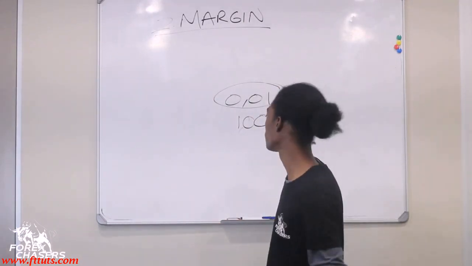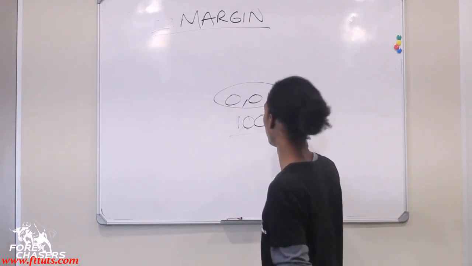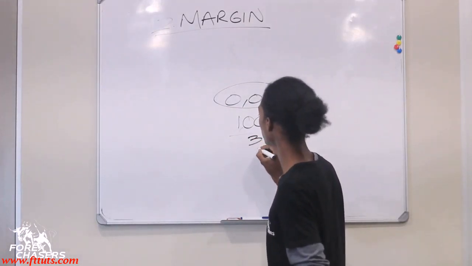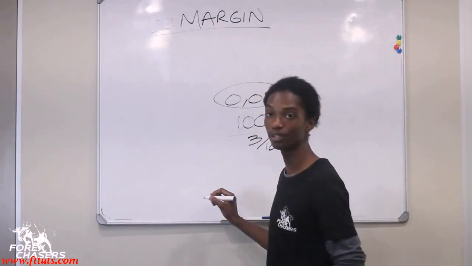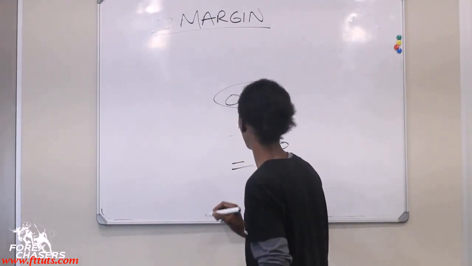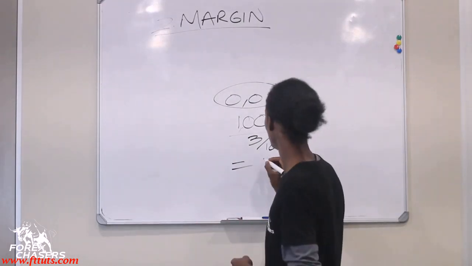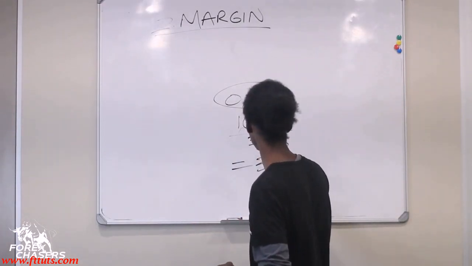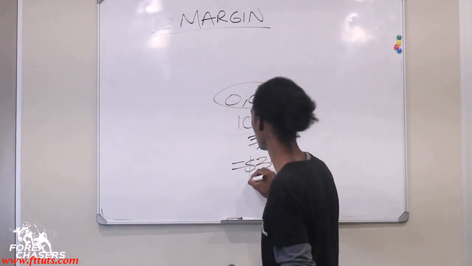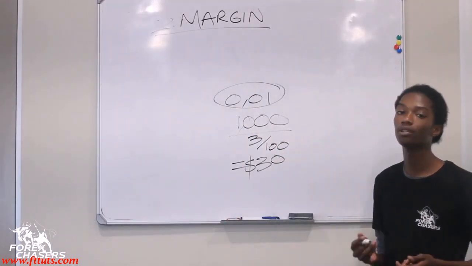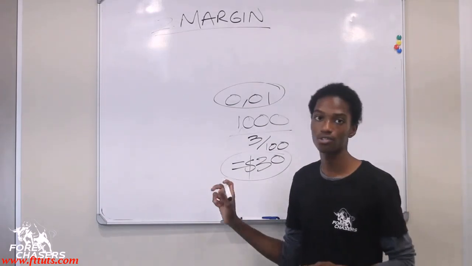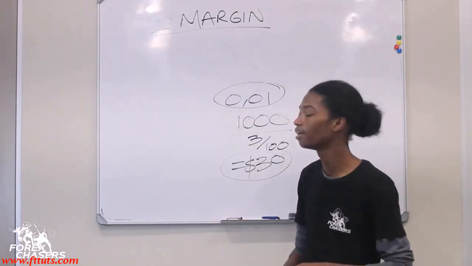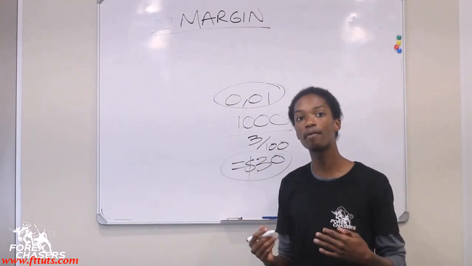So we take 1,000 multiplied by 3%, which is 3 over 100, and that will equal $30 for us to have this position open. So our broker would require us to put down a margin of $30 for us to have this particular trade open. I hope that makes a lot of sense, guys.